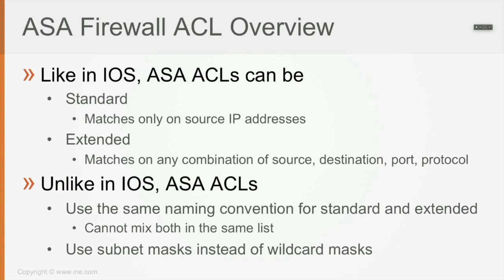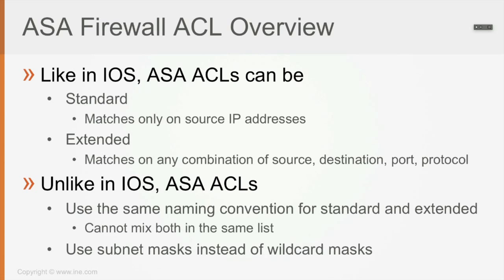As I was saying with the routing configuration, unlike in IOS, ASA ACLs use subnet masks instead of wildcard masks, and unfortunately, the ASA is going to make use of the same naming convention for both standard and extended ACLs, and you cannot mix both in the same list. On the ASA, ACLs are only named and not numbered.